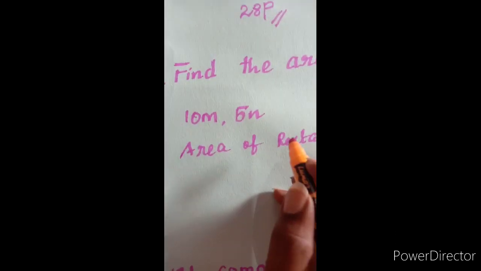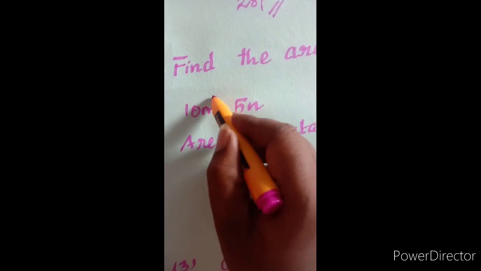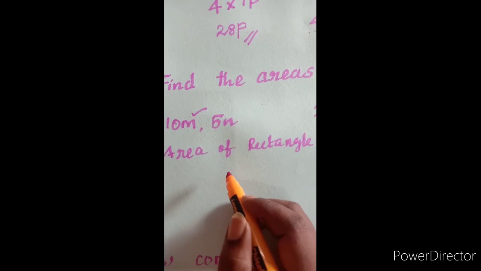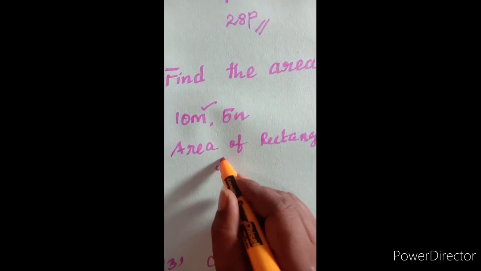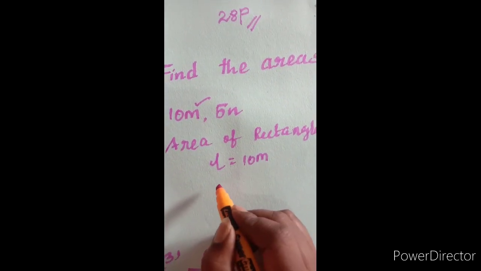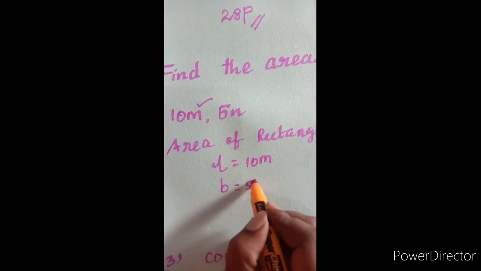See here the given two values, that is 10m and 5n. So you can assume that the bigger value is L is equal to 10m. Smaller value is breadth is equal to 5n.